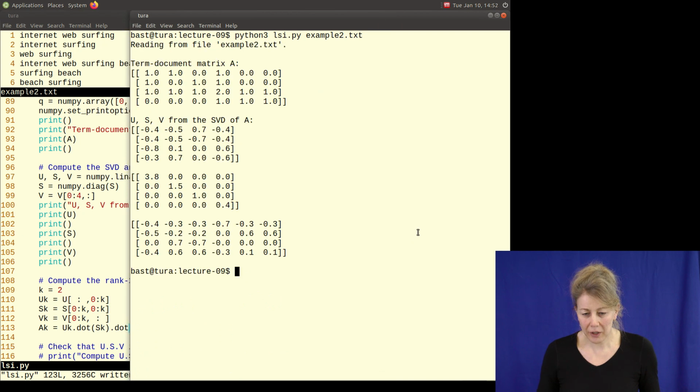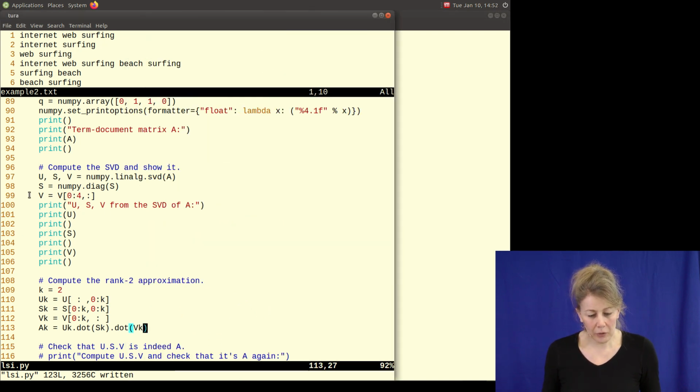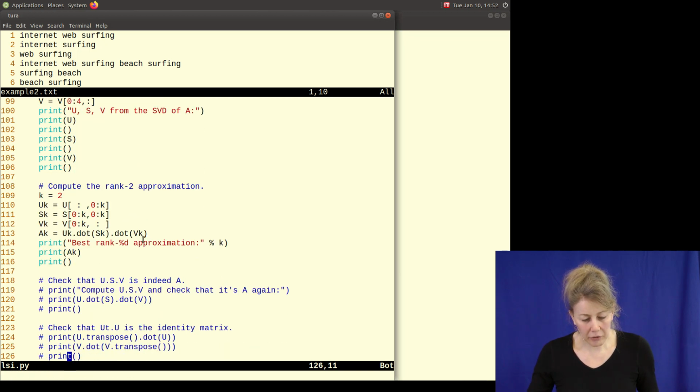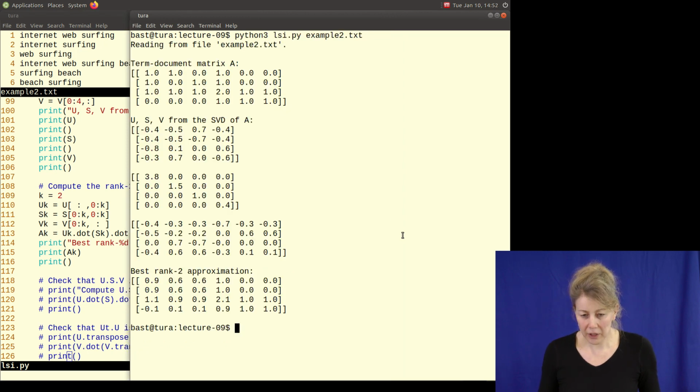Let's first check that it works. Yes, it works. And now let's print it. This is now the best rank k approximation. I print it, maybe print a new line afterwards, and I don't print anything else. Let's see.